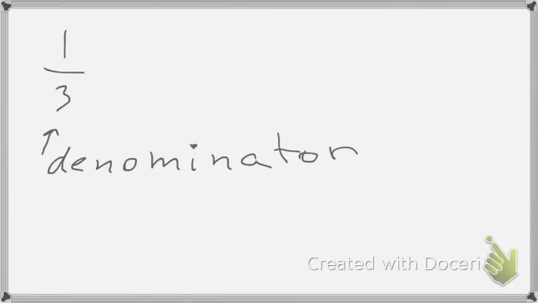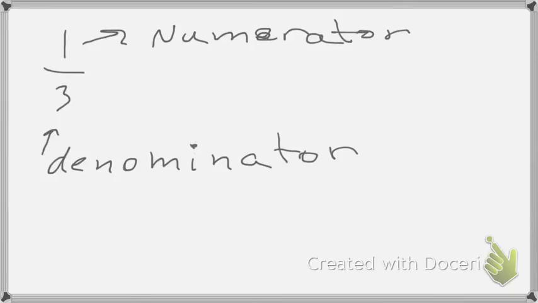And this one here is called the numerator. That's going to be on your test, so you need to know the names of those things. The numerator is the number that is above the line, and the denominator is the number that is below the line. Okay? So those are the parts.